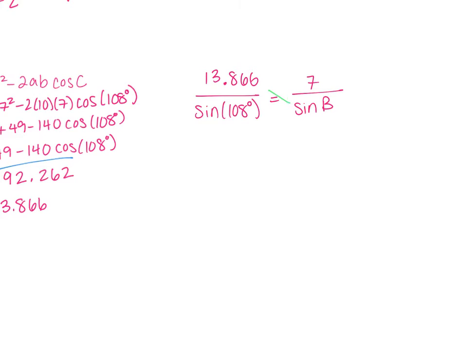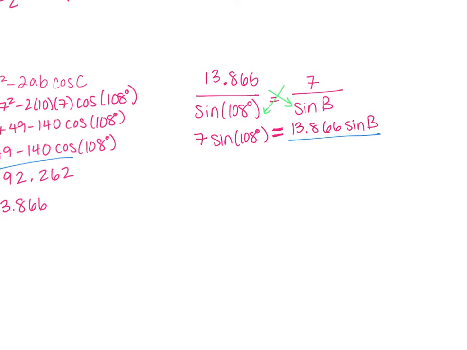We can cross multiply here, since the variable we're trying to find is in the denominator, so it might be easier to just get rid of the fraction. If I do this, I would have 13.866 times sine of B. I'll just put that in front of the sine. Oops, I meant to write two 6s. And then 7 times sine of 108.